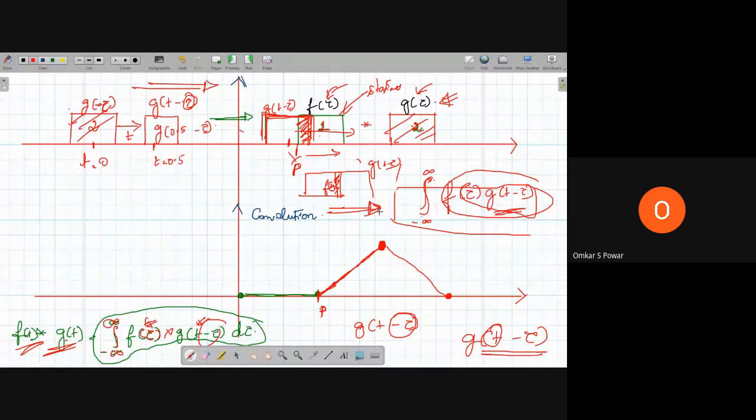And after this, your f of t will be here and g of t will be here, and your area will become 0. So this is how you should understand convolution between two signals f of tau and g of tau, and this is the thing which you are getting from convolution, okay.